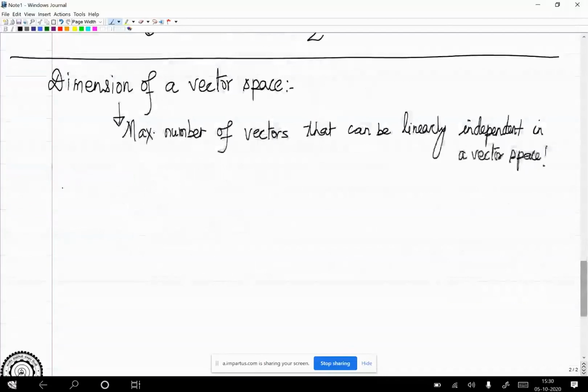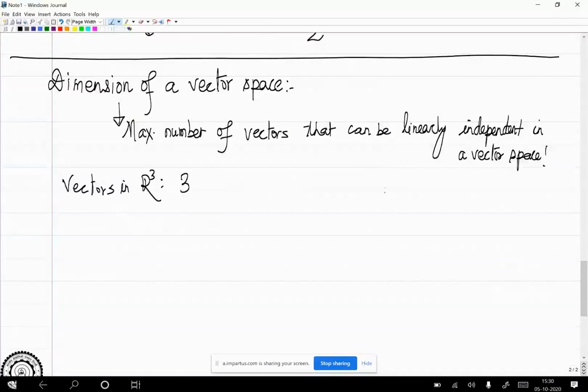For example, for vectors in R3, what is the dimension? Its dimension is 3. You can take a vector along E1, a vector along E2, and a vector along E3, and they are all linearly independent. And how do we define linear independence?